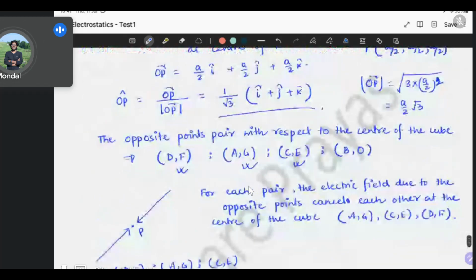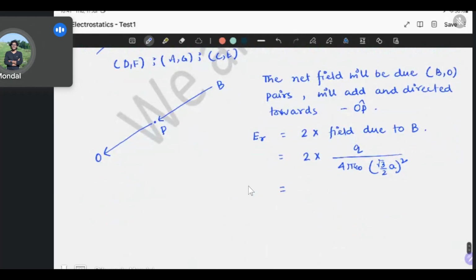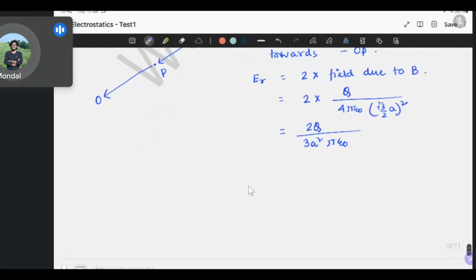This distance is root 3 by 2 a, and we square it. So it becomes 2Q by 3a square pi epsilon naught, but this will be along this direction.